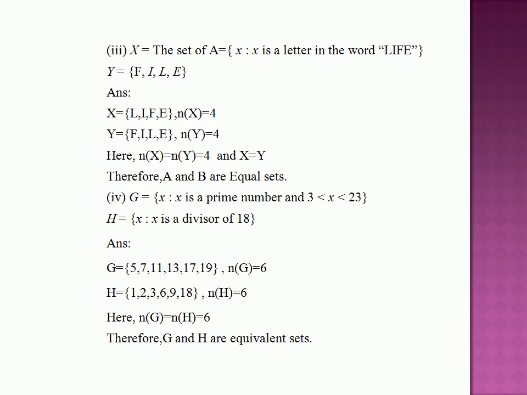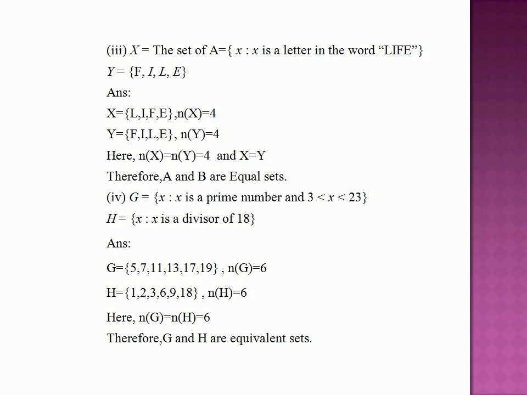In the first set I is there, in the second set also I. In the first set the third element is F, in the second set the first element is F, and the fourth element of the first set is E, and the fourth element of the second set is E. In both sets all the elements are the same and the number of elements is also equal. So X and Y are equal sets. Here n of X is equal to n of Y is equal to 4 and X is equal to Y. Therefore the two sets are equal sets.